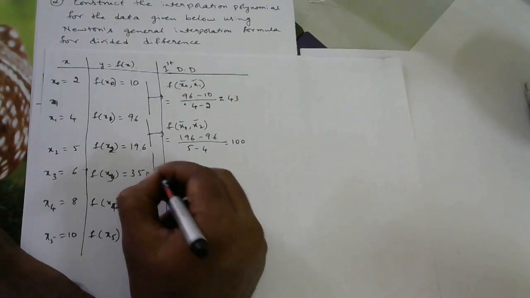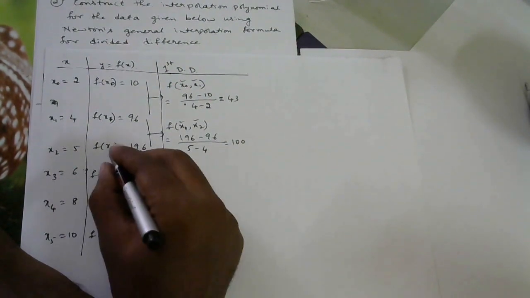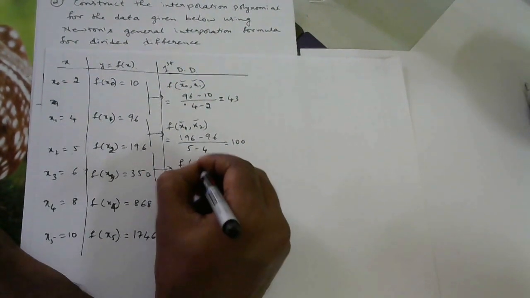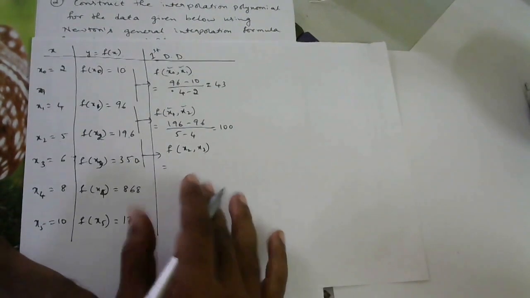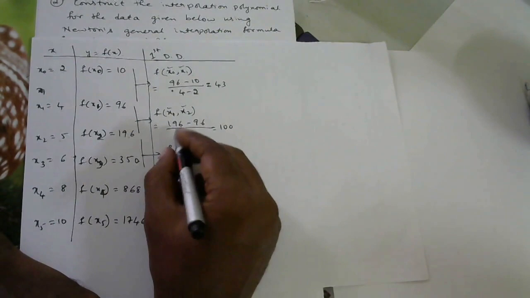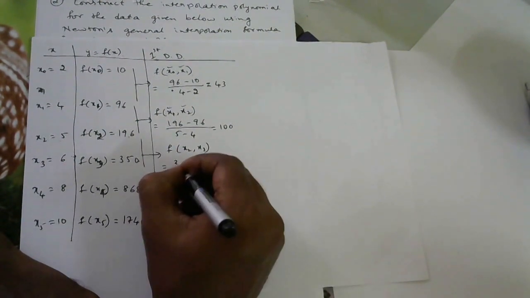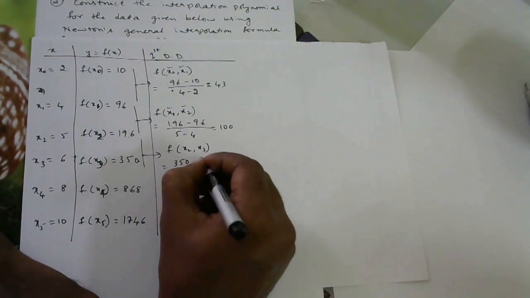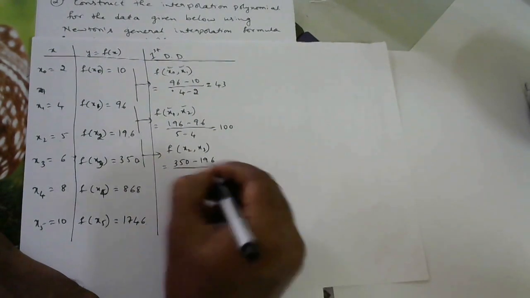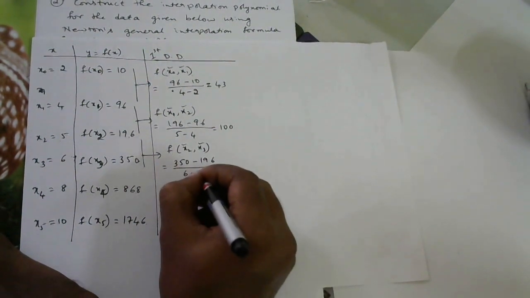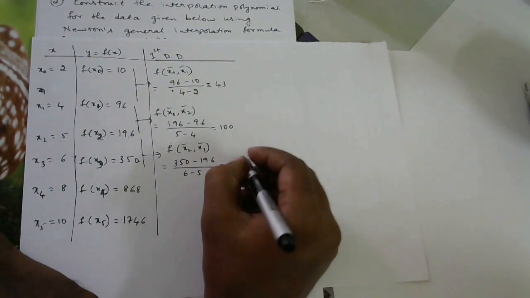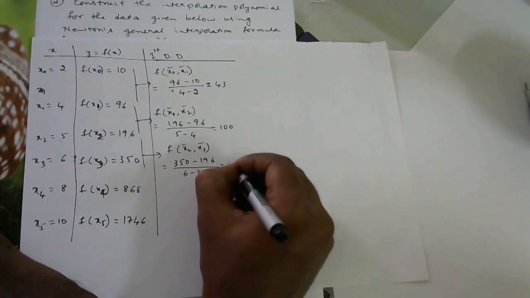And for f of x2 comma x3, 350 minus 196 whole divided by 6 minus 5. So you will get 154.